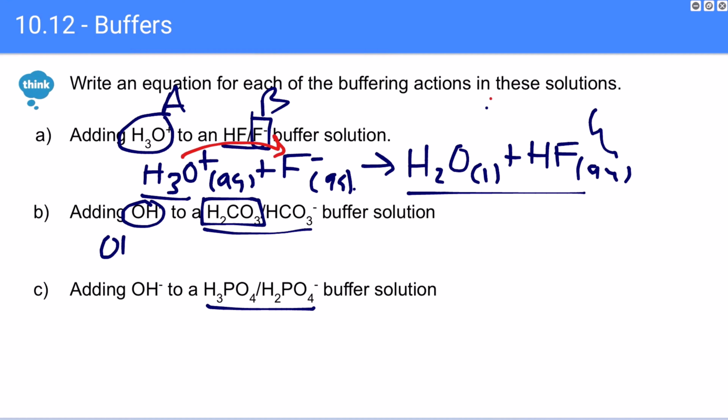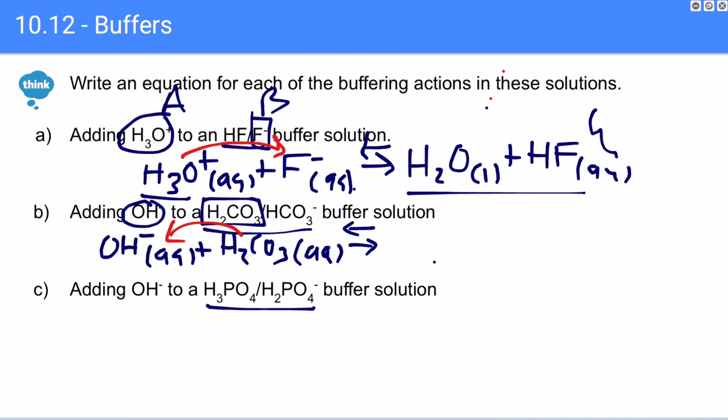So we start off with OH minus. It is aqueous. It reacts with the H2CO3, which is also aqueous. And what we get out of this, I should mention we should put double arrows here. These are buffer solutions. Buffer solutions are always in equilibrium, so we use the double arrow here. In this case, the hydrogen is going to transfer from the acid to the base, just like what we described previously.